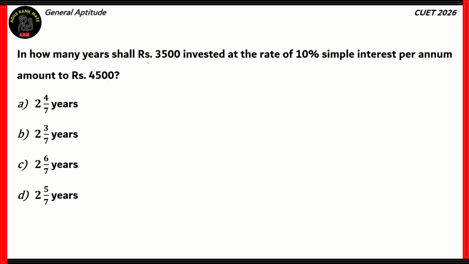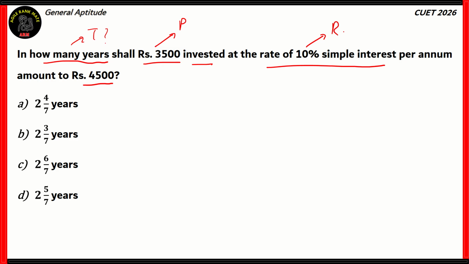The final question in this episode is this: how many years shall 3,500 invested at the rate of 10% simple interest per annum amount to 4,500 rupees? So we need to find the time taken. What we are given is the principal, which is 3,500.